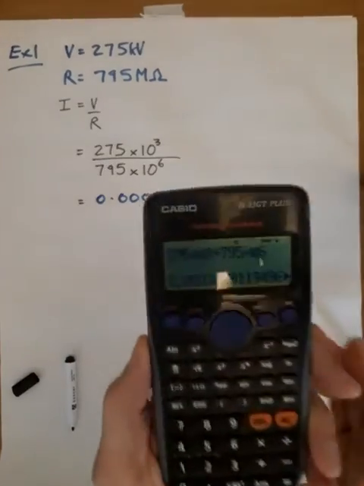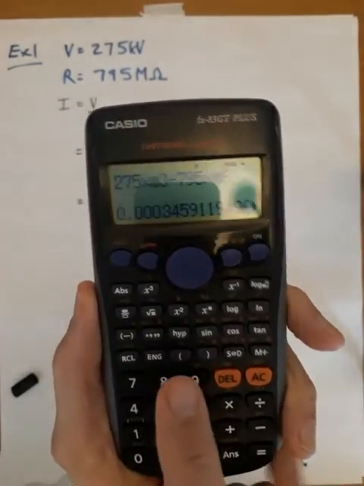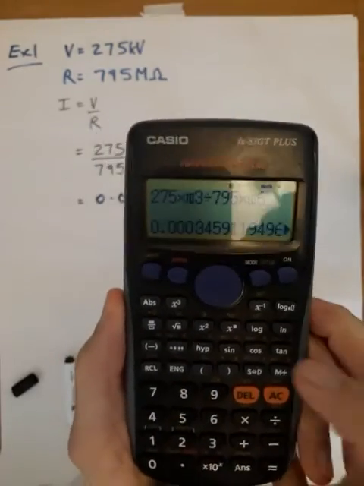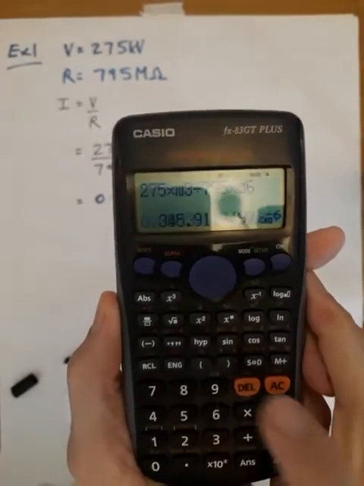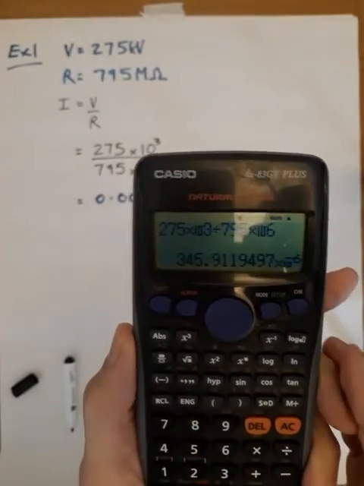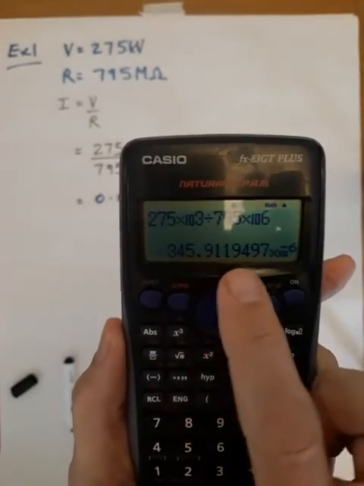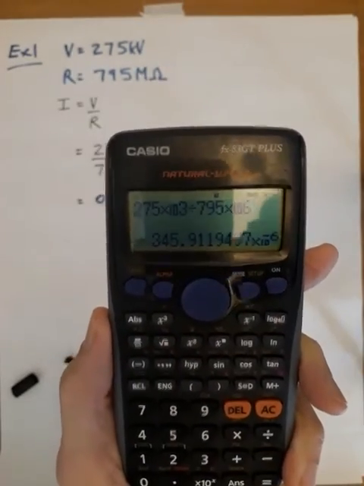So let me write that down. That's what I think that is. But you now have another magic button at your disposal, and if you press engineering, it's just for us and standard form, eng. It changes what you see in the display, and it's moved the answer to standard form for you. 345.9 times 10 to the minus 6.